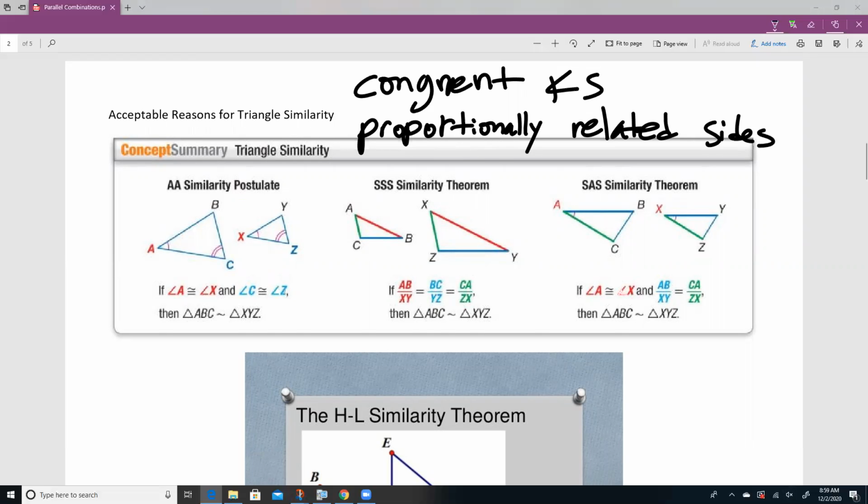Proportionally related, so that's when you can set the fractions equal to each other. So let's go over reasons we can prove triangles similar.